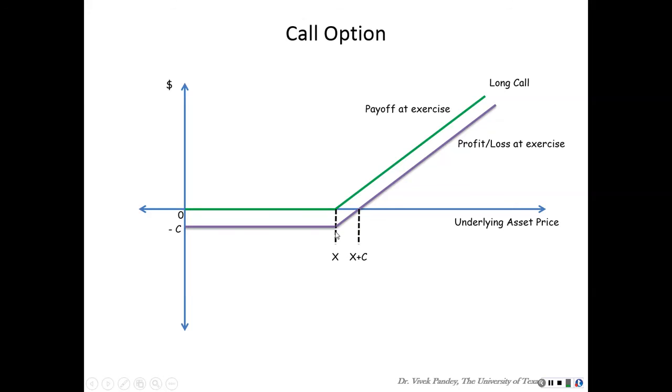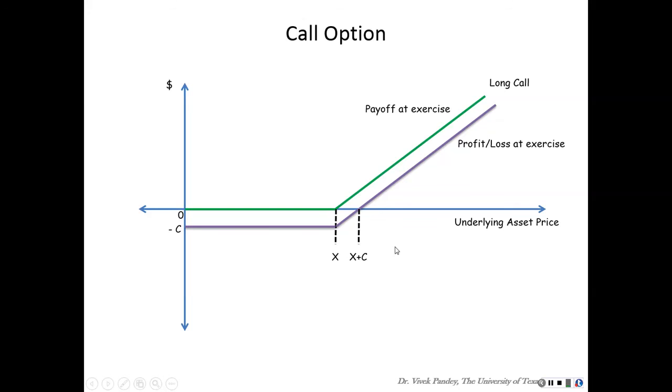And above 100, when the stock price rises, you should still use your option and exercise this contract because you're lowering the losses, right? Say the stock price is only 103, and you paid $5 already.